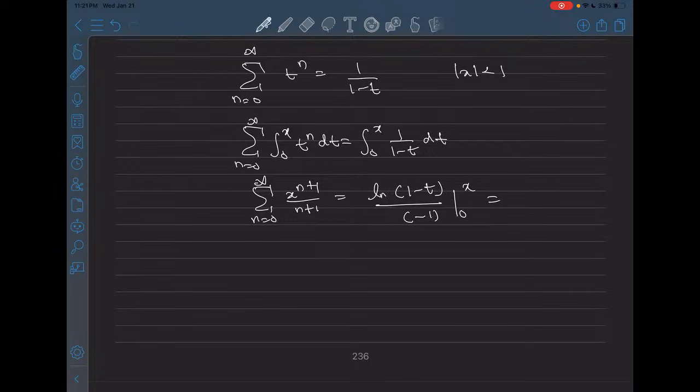So this is minus ln of 1 minus x, which makes sense.